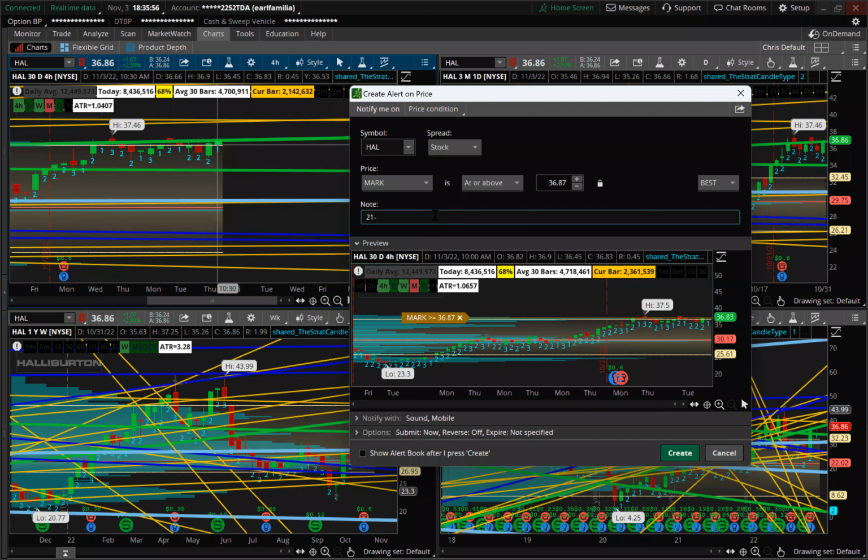Bullish continuation. No, actually, no. It's going to be a reversal. I don't even like these. I'm going to mark the level though, 36.90.